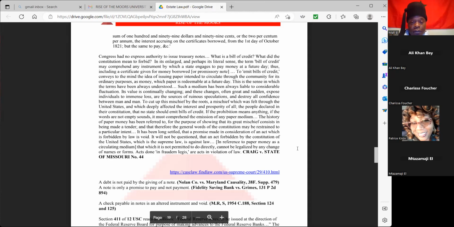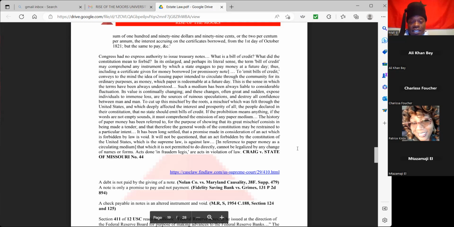If the prohibition means anything, if words are not empty words, it must comprehend the emission of any paper medium. The history of paper money has been referred to for the purpose of showing that its great mischief consists in being made tender, and that therefore the general words of the Constitution may be restrained to a particular intent. It has been long settled that a promise made in consideration of an act which is forbidden by law is void.